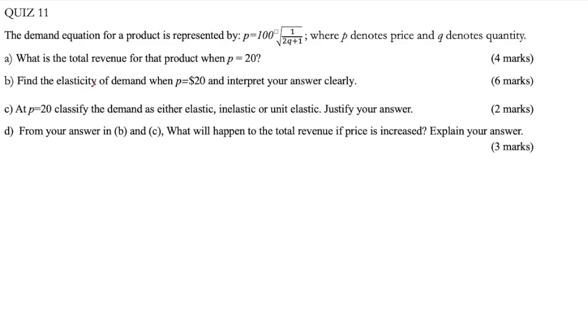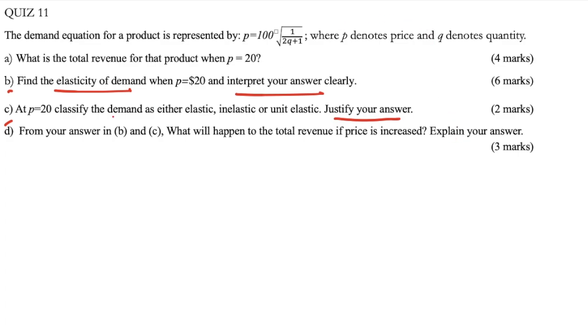Okay, so you have to find the elasticity, and second one, interpret your answer clearly. Okay, and C, at P equivalent to 20, classify the demand as either elastic, inelastic, or unit elastic. Justify your answer. Okay, from your answer in B and C, what will happen to the total revenue if price increases? Explain your answer.